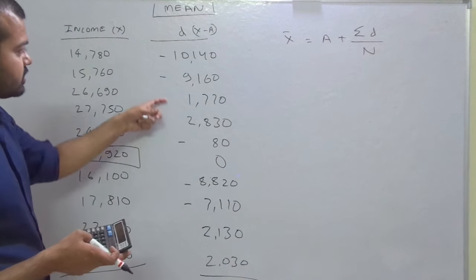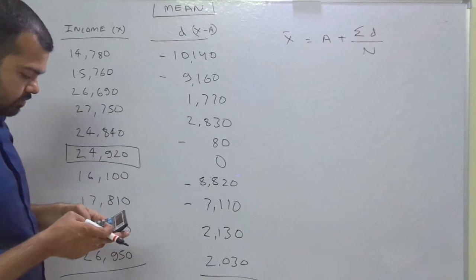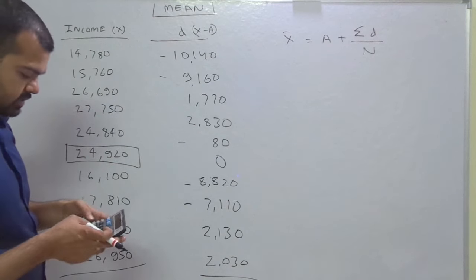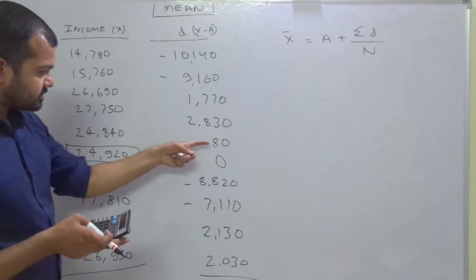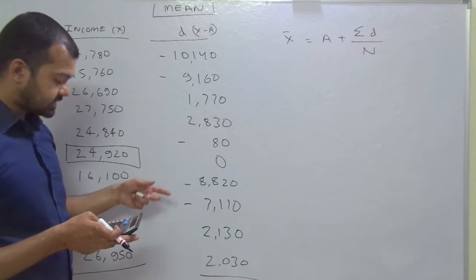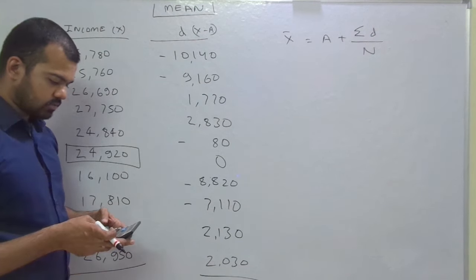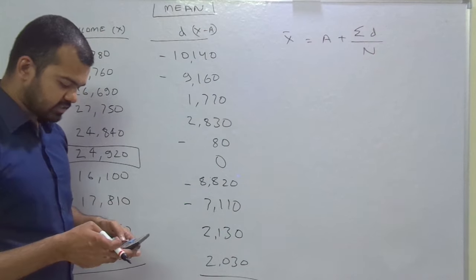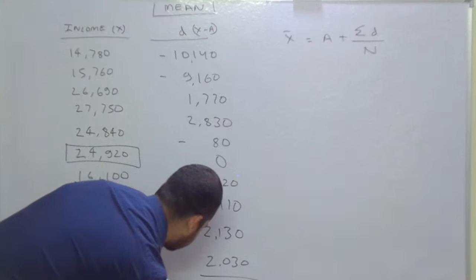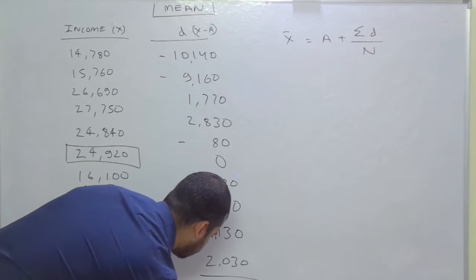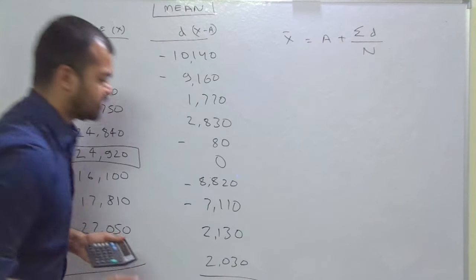Now you have to deduct all the negative figures: the first is minus 10140, minus 9160, minus 80, minus 8820, and minus 7110. So the deviation total, that is sigma d, comes out as minus 26,550. That is summation d.